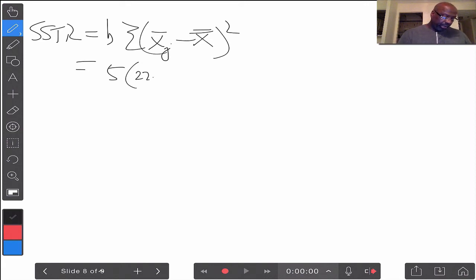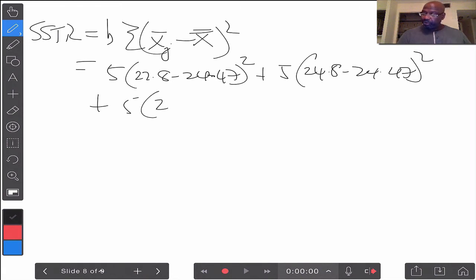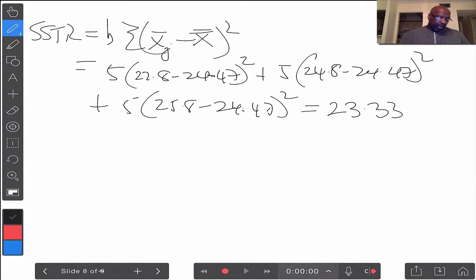So 22.8 minus 24.47 squared plus 5 times the second treatment mean, 24.8 minus 24.47 squared, plus 5 times the third treatment mean, 25.8 minus 24.47 squared. When we work that out, we get a value of 23.33.